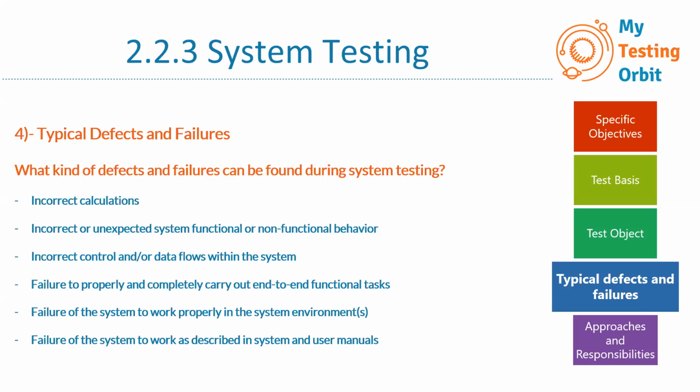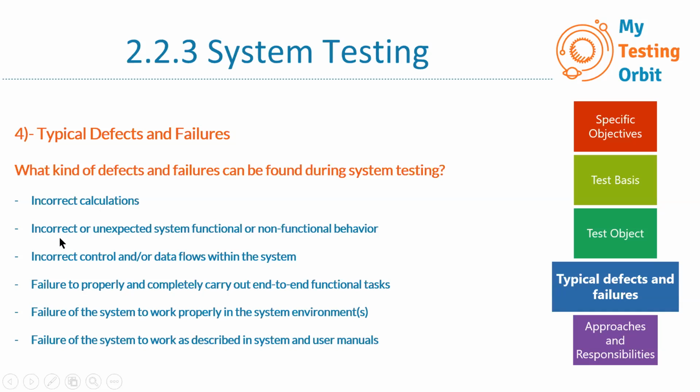Or maybe at the end, if there is any kind of offer or sale going on on that site, and we have a discount voucher, then when we apply that discount, there is a calculation issue with the discount application. So these kinds of calculation issues will come under this type of defect.